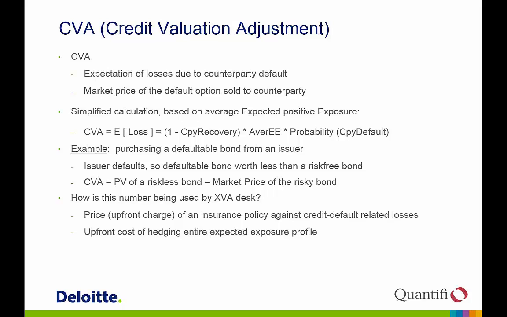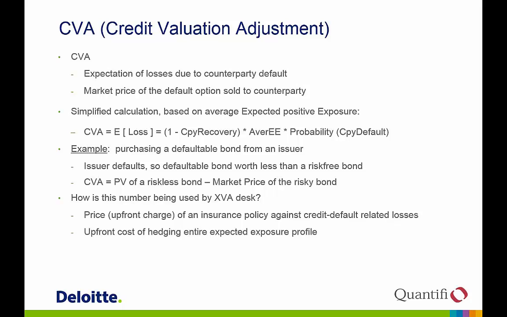A simplified calculation is based on the average expected positive exposure. So that's loss given default, that's 1 minus the recovery rate of the counterparty, times this average expected positive exposure, times the probability of the counterparty's default.